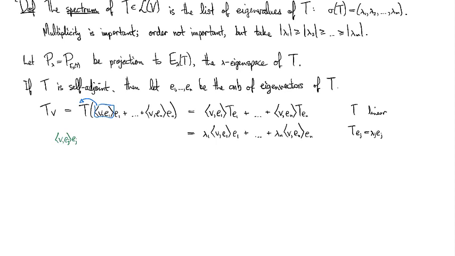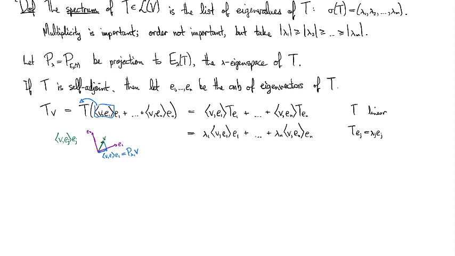If we have here's our vector v, and then our orthonormal basis, e1 and e2, then this part here is <v, e1>e1, or in other words, it's the projection of v to the lambda 1 eigenspace.